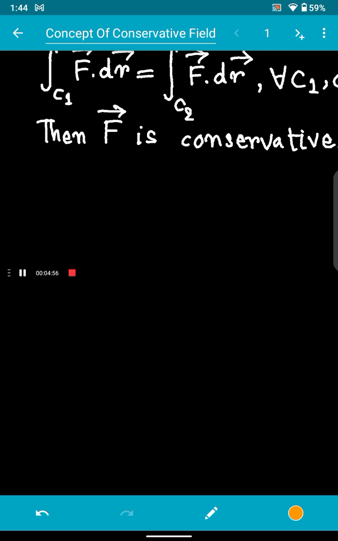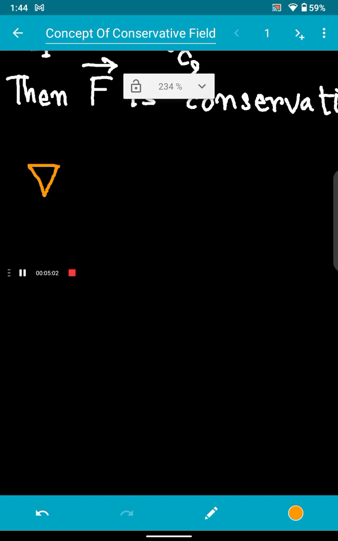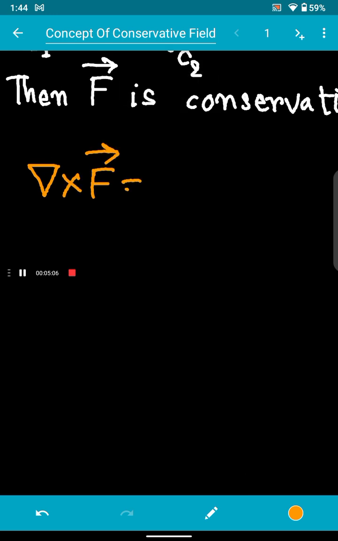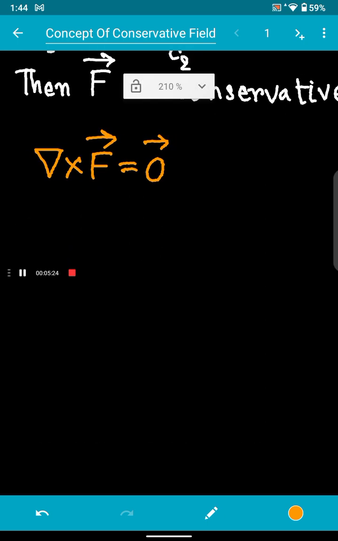This thing must hold: this is the curl of F. If curl of F is equal to 0, I mean this is a vector quantity, that's a cross product, so I have written the 0 vector here. If this is 0, then F has to be conservative.